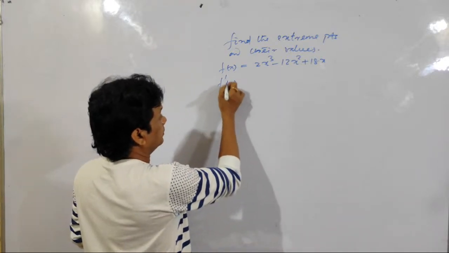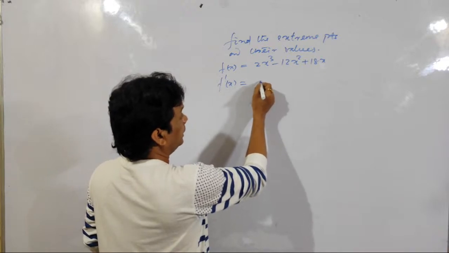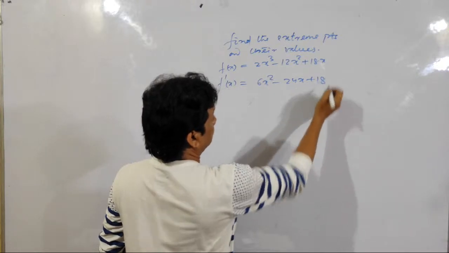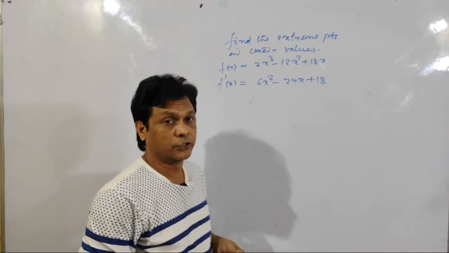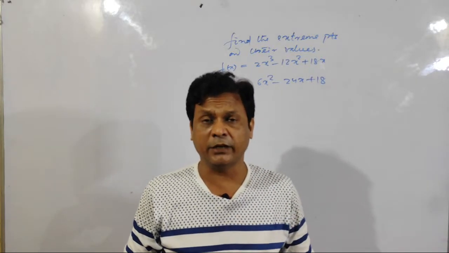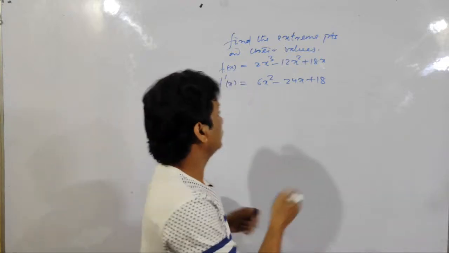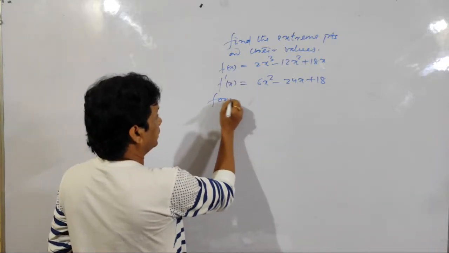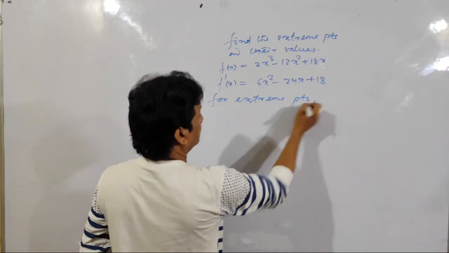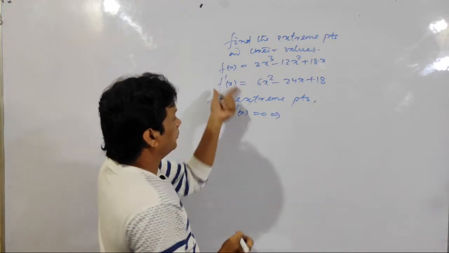F dash x equal to, first find the derivative, it will be 6x square minus 24x plus 18. Okay, so you have to first find out where the tangent is parallel to x-axis. Tangent is parallel to x-axis means derivative equal to 0. So you should write like this, for extreme points f dash x equal to 0, derivative must be equal to 0.